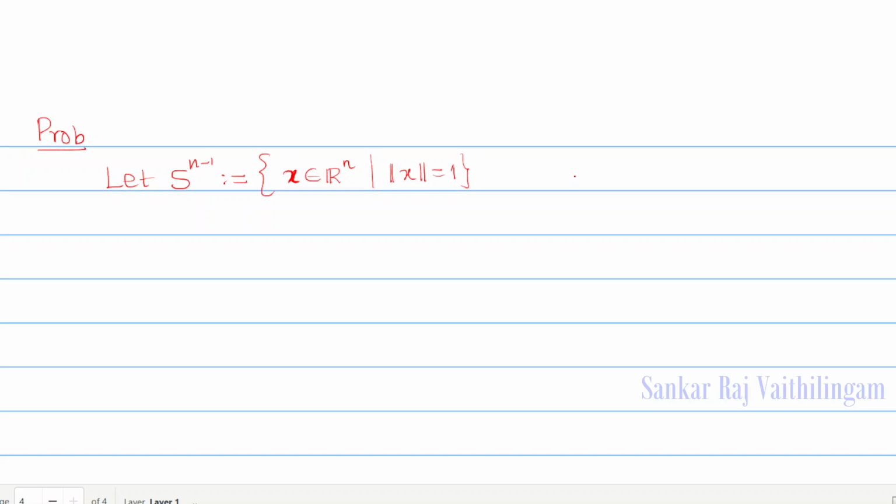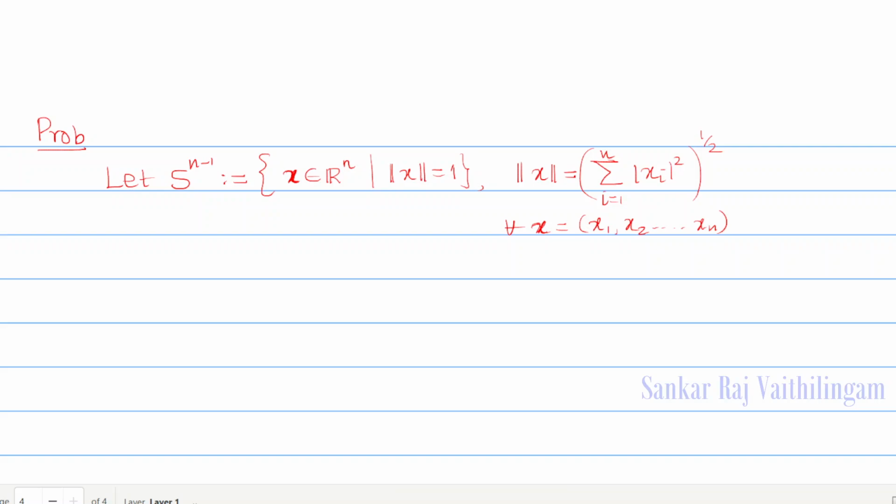It is called the unit sphere, where the norm of x is the summation for i equal to 1 to n of modulus of xi squared, the whole to the power 1 by 2, for every vector x equal to (x1, x2, ..., xn).